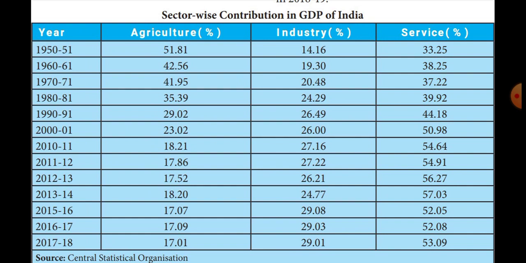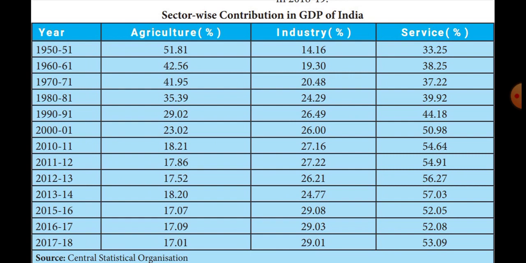In 1970 to 71: agriculture 41.95, industry 20.48, services 37.22. In 1980 to 81: agriculture 35.39, industry 24.29, services 39.92.